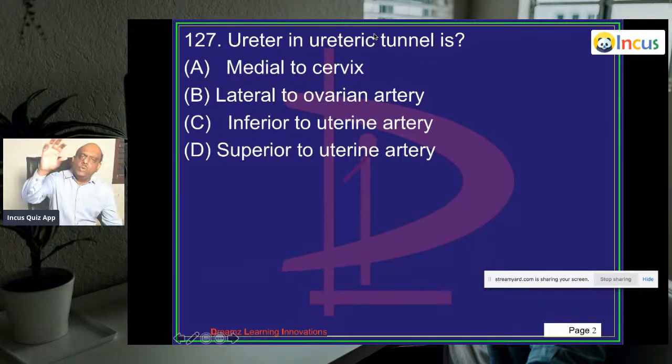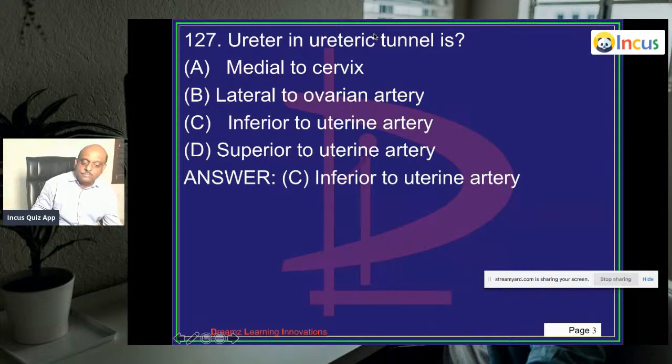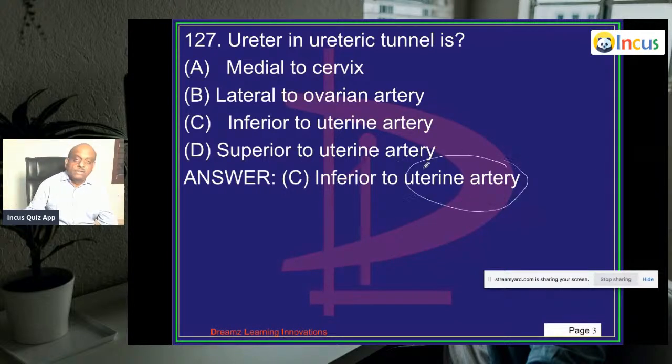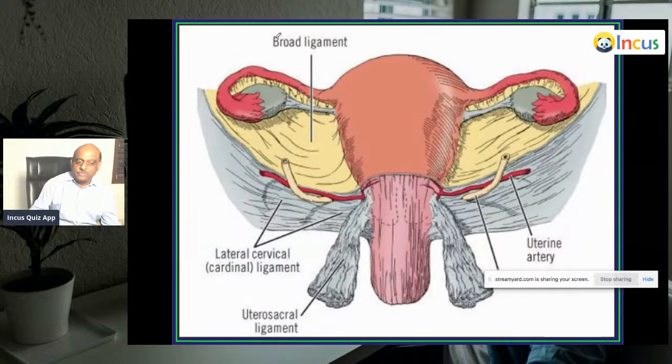The ureter in ureteric tunnel is in very close relation with the uterine artery. Some of the gynecologists, in the process of ligating the uterine artery, end up injuring the ureter.